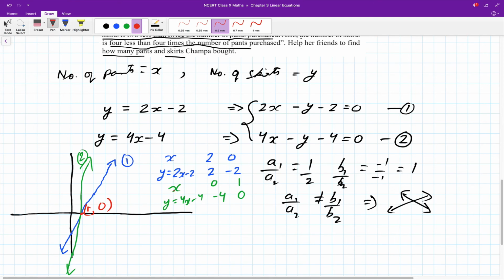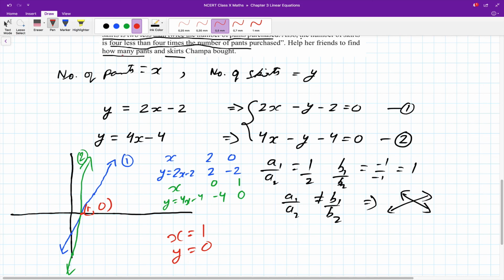For the second straight line, you do the same thing: y is 4x minus 4, x is 0, y is minus 4, x is 1, y is 0. So you have these 2 points, 0, minus 4 and 1, 0; you join them, extend, and you get your second straight line. And you can see that they are intersecting at the point 1, 0. So the answer that you have is x is 1, y is 0.